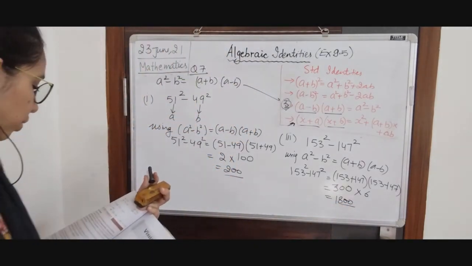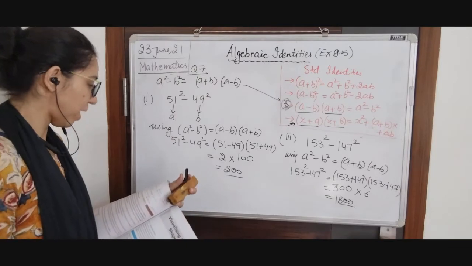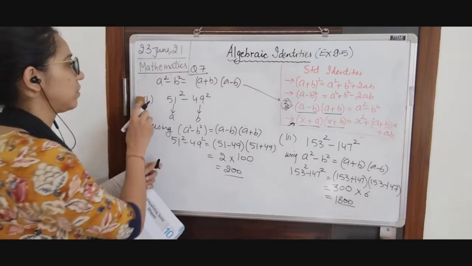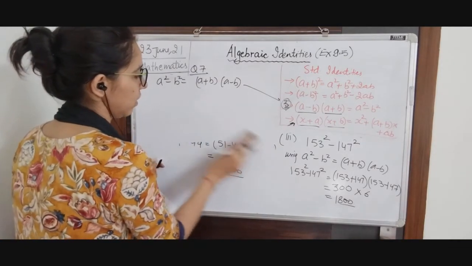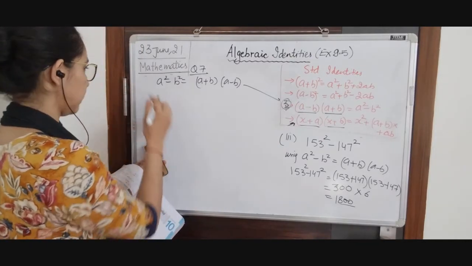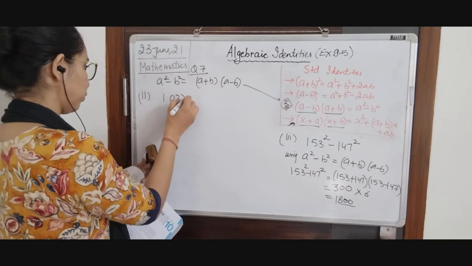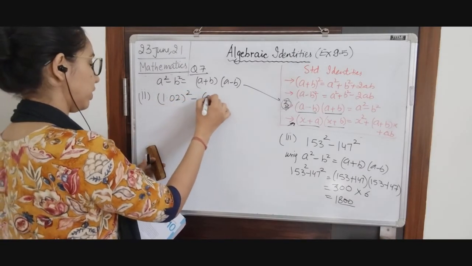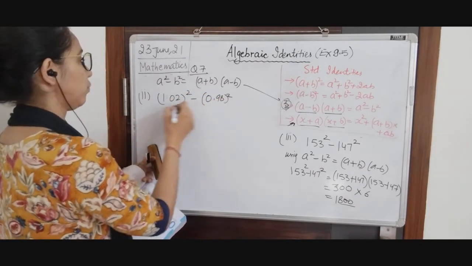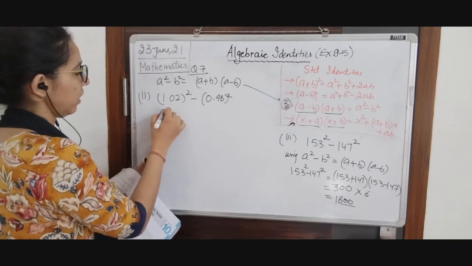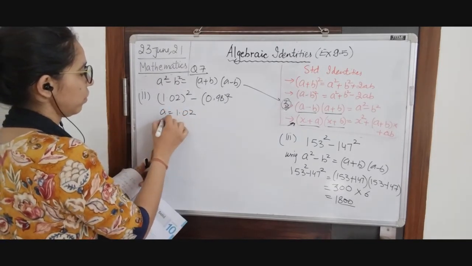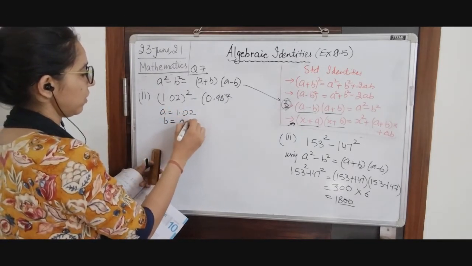Now we are going to do the second and fourth parts of this question, which are both in decimals. Second part, question number 7, is 1.02 square minus 0.98 square. So we have to use this. Here a is 1.02, here b is 0.98.